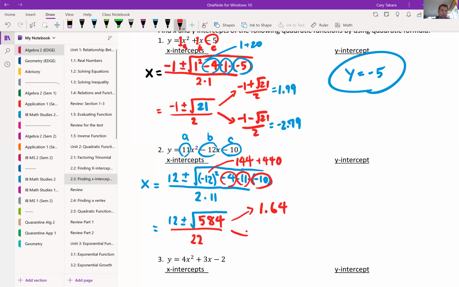The other one will be 12 minus square root of 584 divided by 22, negative 0.55. And then the y-intercept is going to be negative 2.